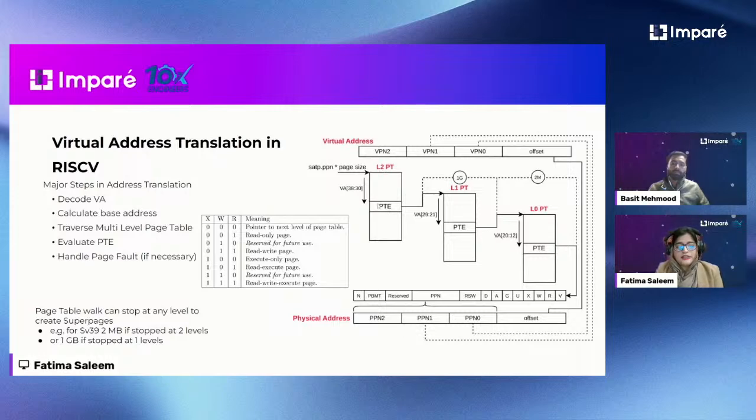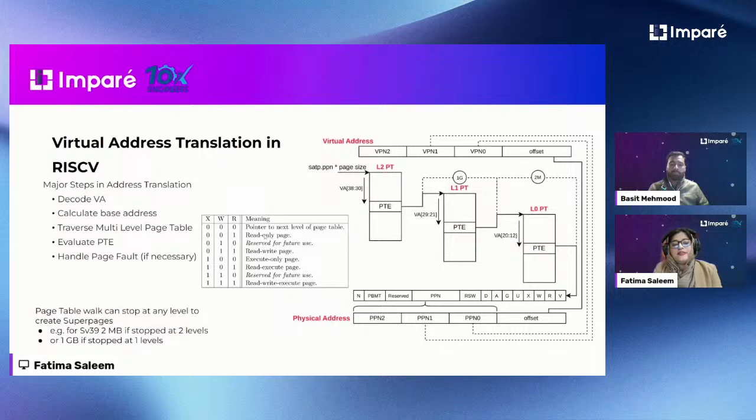We talked about these permission bits, and the combination of each bit defines a specific purpose. If read is 1, we can read the page. If write is 1, we can write the page. But when all permissions are 0, that's not reserved. It means that this PTE is pointing to the next page table base.